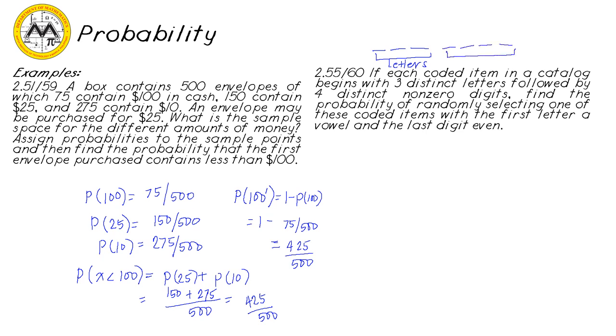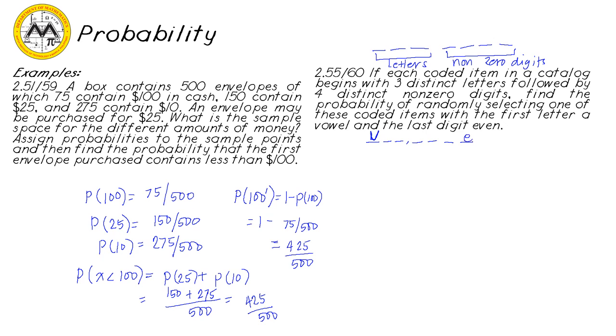These would be non-zero digits. Find the probability of randomly selecting one of these coded items with the first letter a vowel, and then the last digit is even.